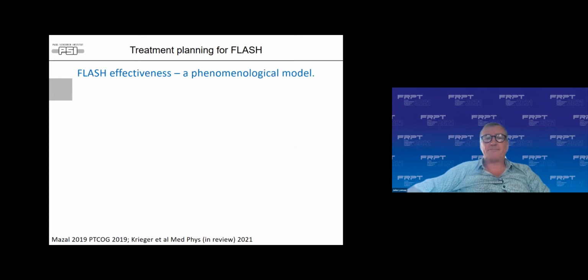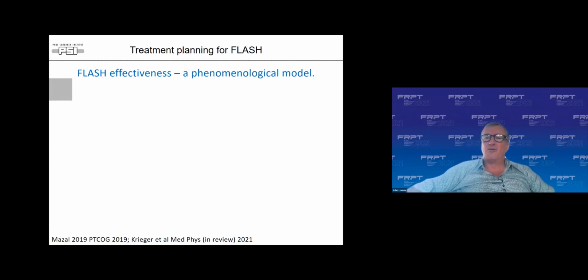Now, just to quickly say, the model is very, very high level and very, very phenomenological and just has a few parameters. So it's not trying in any way to capture the underlying biology. It's just at a very macroscopic level, trying to say, okay, what could happen if we have a flash effect?